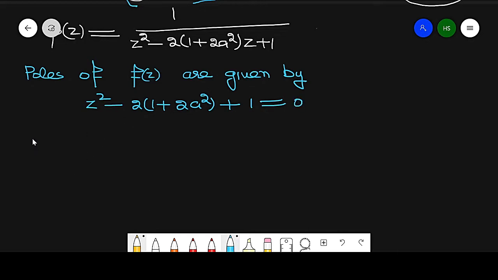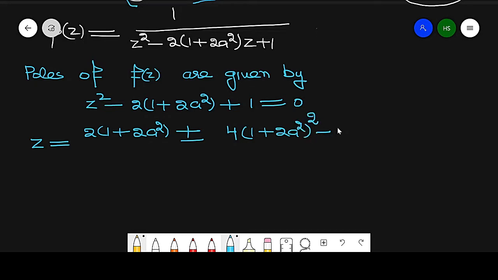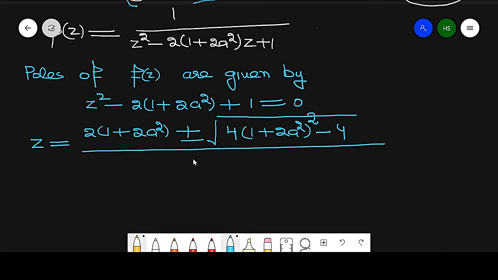So what are the two roots? z is equal to 2 into 1 plus 2a square, plus minus the square root of 4 into 1 plus 2a square raised to power 2 minus 4, over 2. Here 4 is common, so we can take it outside.